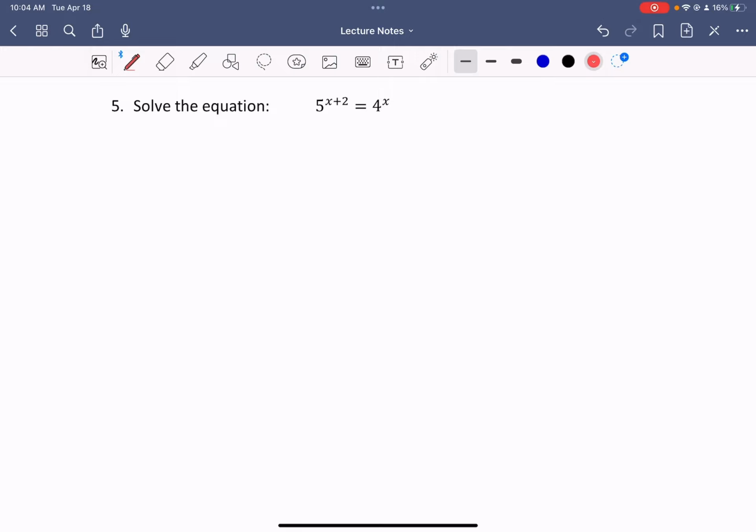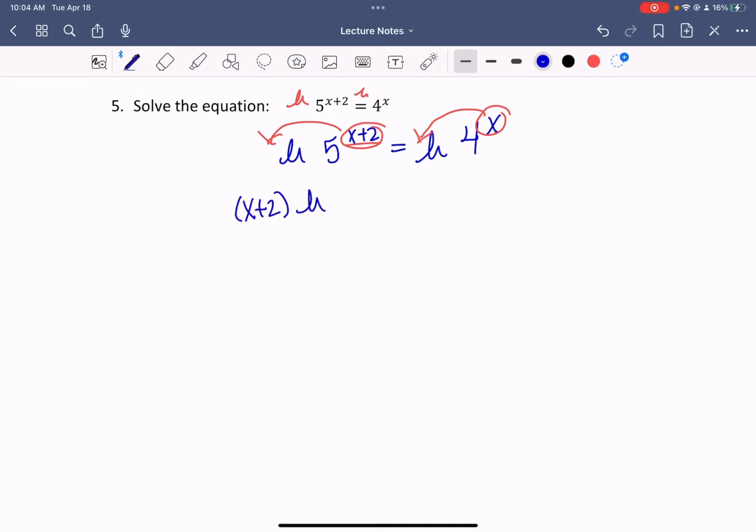But this is where natural logging both sides is going to come into play. If I natural log both sides, I get ln of 5^(x+2) equal to ln of 4^x. By properties of logs, I can bring exponents out front. Just want to make sure I keep that one grouped. That gives me (x+2) ln 5 equal to x ln 4.